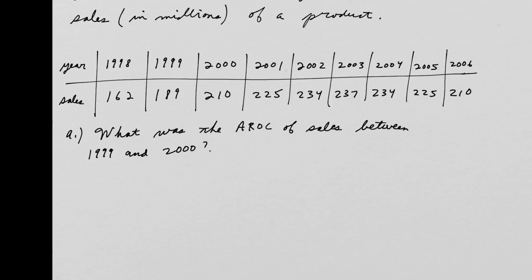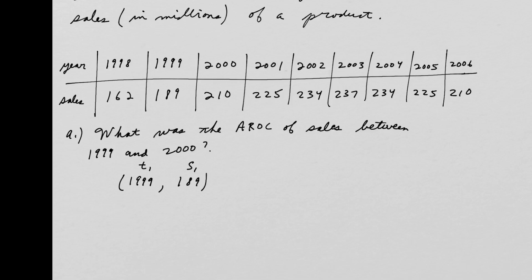Maybe the easiest way to do this is to actually list the two ordered pairs, the 2 points. So in 1999, the sales were 189 million, so 189. I'll call this the time, so this is T1, and then this is S1 for the sales.